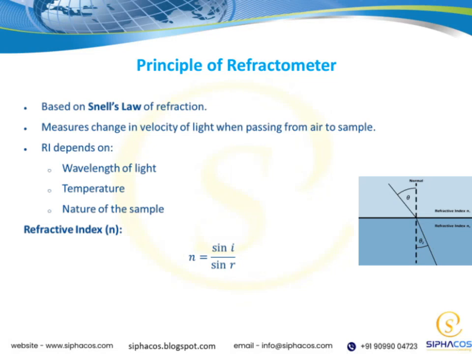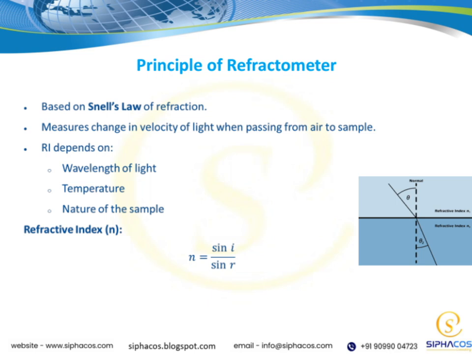Let's take a closer look at the principle of the refractometer. At its core, this device measures the refractive index of a liquid, which is essentially how much light bends as it passes through the sample. This bending, or refraction, is directly related to the sample's composition, like sugar content in a solution.